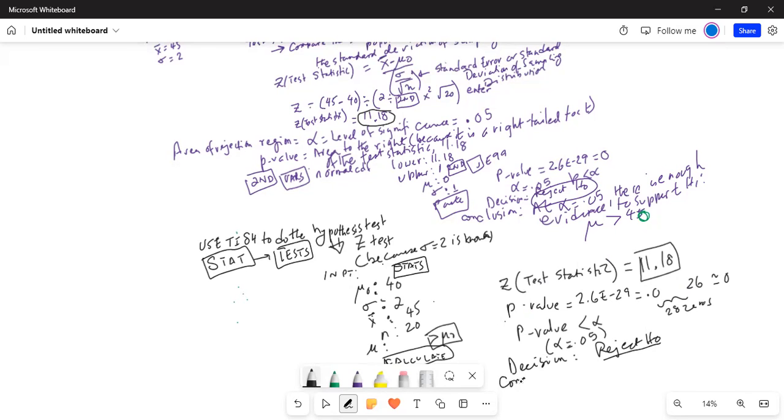Conclusion same as before: at alpha equal to 0.05, there is enough evidence to support the alternate, H1 or HA if the book says HA, which is mu greater than 40. If we reject the null hypothesis, we support the alternate. Same conclusion as before.